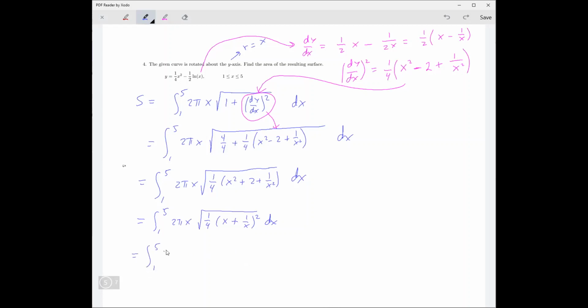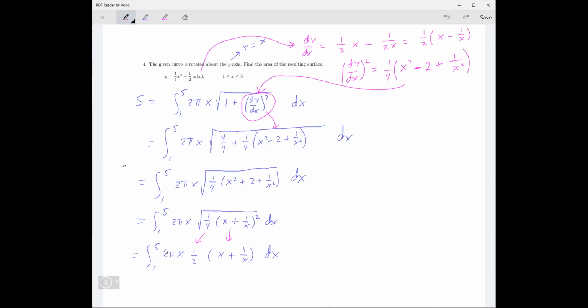I can apply the square root to this, I get 1/2, and then apply the square root to this part, and I just get x plus 1/x.